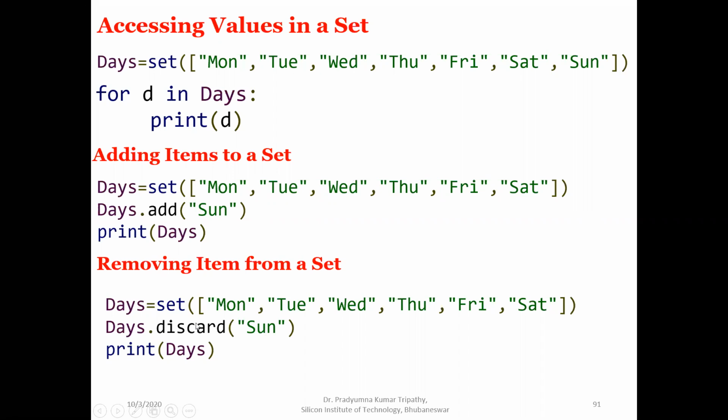And by printing it, it will give you the result. So removing an item is the discard function. We can use some other functions like pop or remove also.